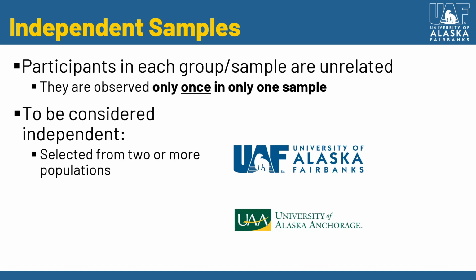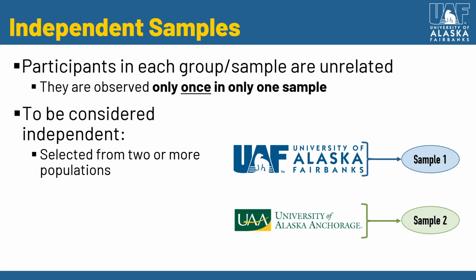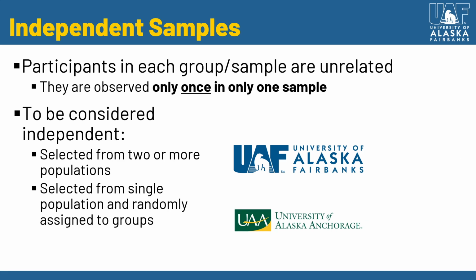So say, for example, I was doing a study and I wanted to look at comparisons between, I guess we're still in the population of UA students, but these subpopulations of UAF and UAA, right? So maybe I select a sample from UAF and a sample from UAA. Those are two different samples from different populations.